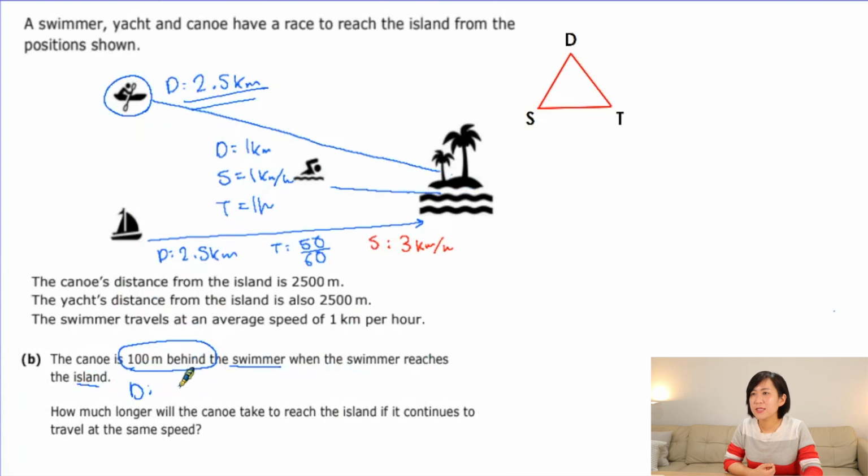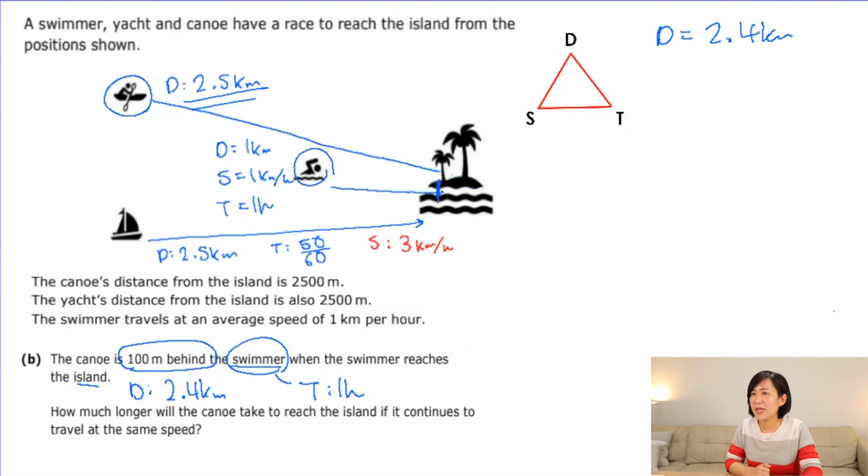So let's talk about the distance of the canoe, 2.4 kilometers, because it says 100 meters behind when the swimmer reached the island. That is 1 hour, right? Then at that point, the canoe is 100 meters behind. That's why the canoe traveled 2.4 kilometers.